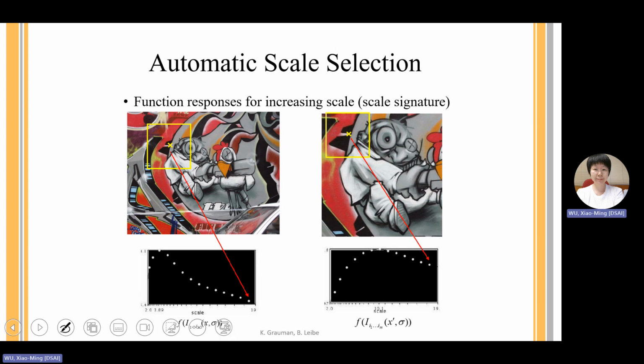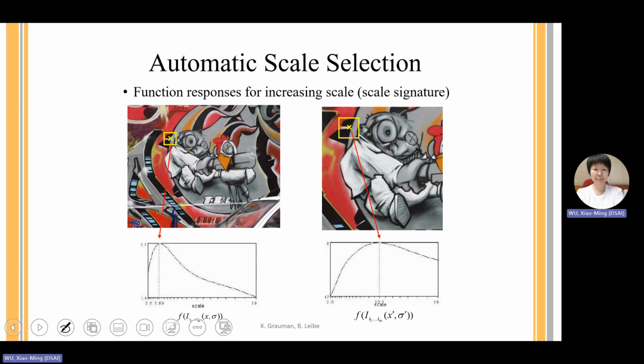Okay, and so you can see the curves look different. The curves are different, and they achieve the maximum value at different scales. The interesting thing is the maximum value is achieved at the best window size.